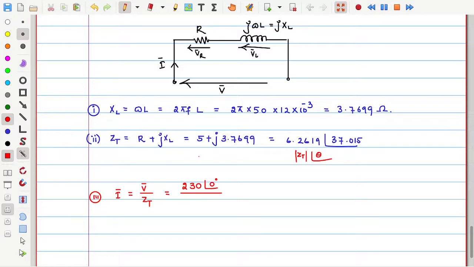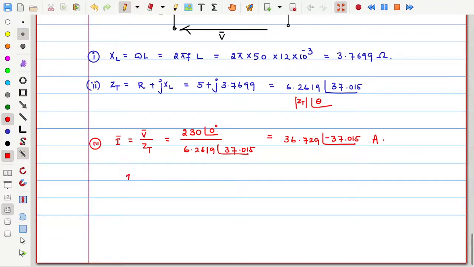So how much is ZT? I will use the polar form, 6.2619 at an angle of 37.015. Check it: 230 divided by this gives 36.729 at an angle of minus 37.015 amperes.